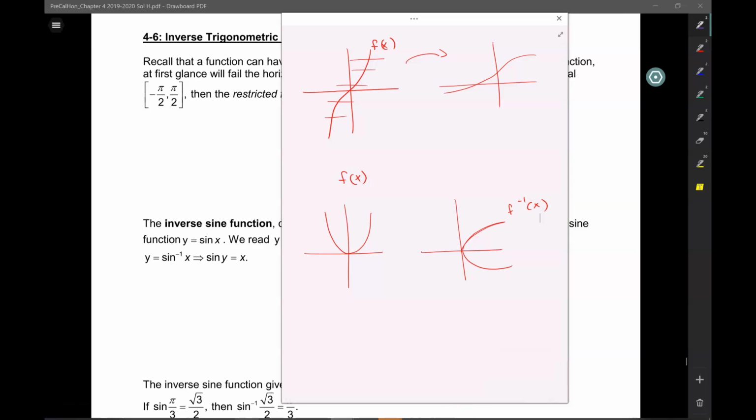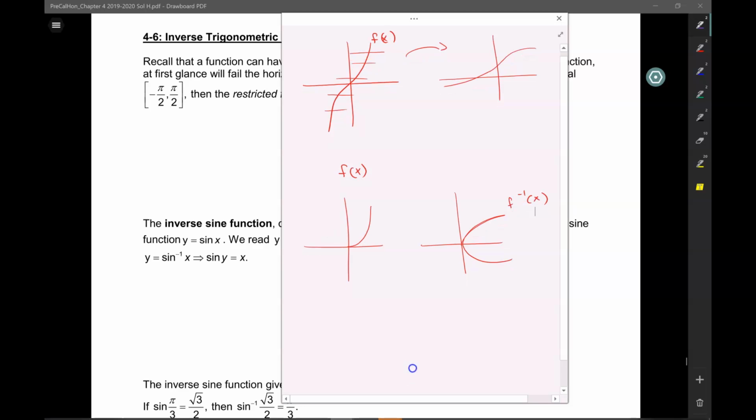So what do we do? In order for us to be able to find an inverse function of this parabola, we have to restrict it so that we only take half of it. We call this restricting the domain.